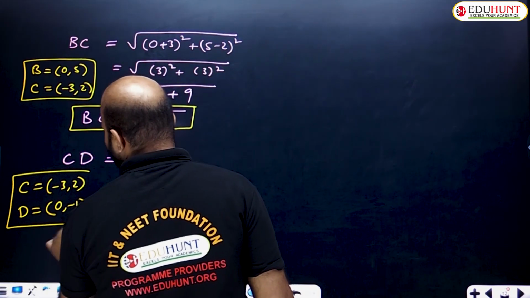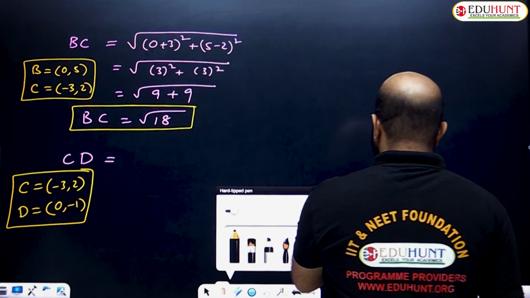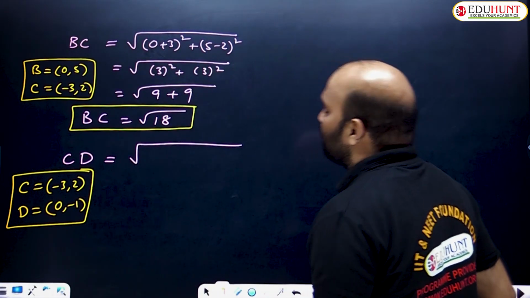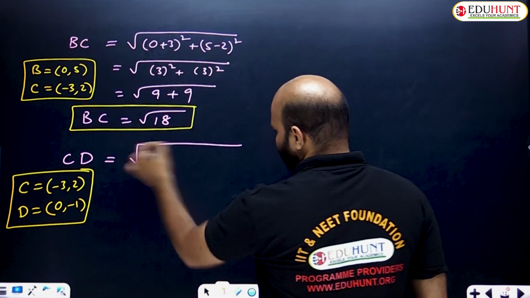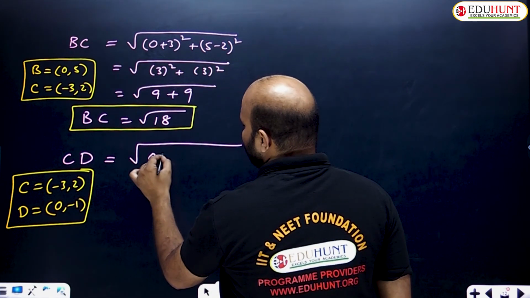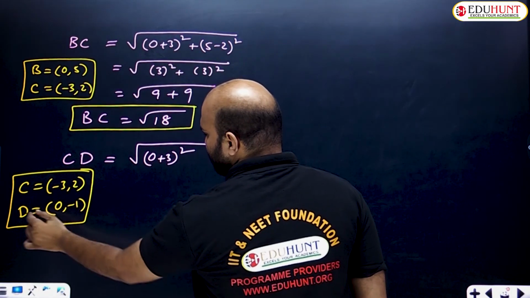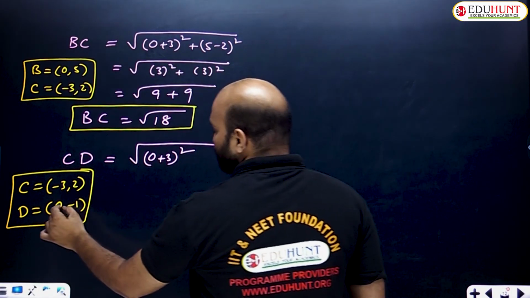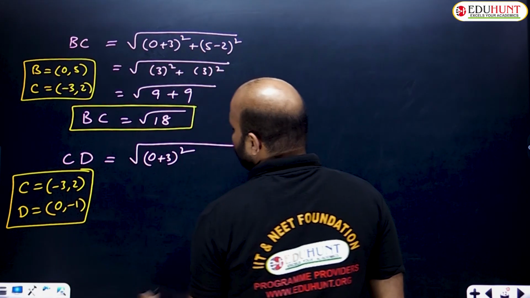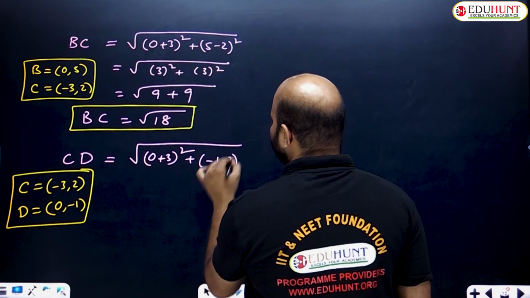So by using the distance formula, square root of (x2 minus x1) whole square plus (y2 minus y1) whole square. D coordinates are x2, y2 and C coordinates are x1, y1. So (0 minus (-3)) whole square plus (-1 minus 2) whole square.